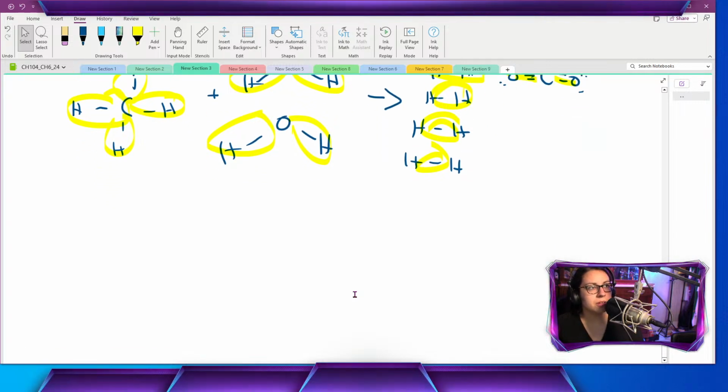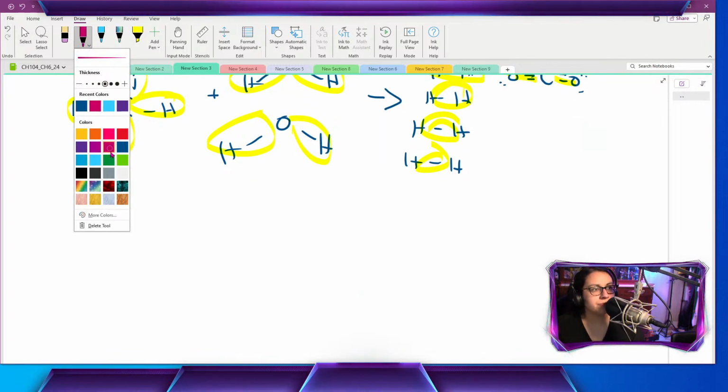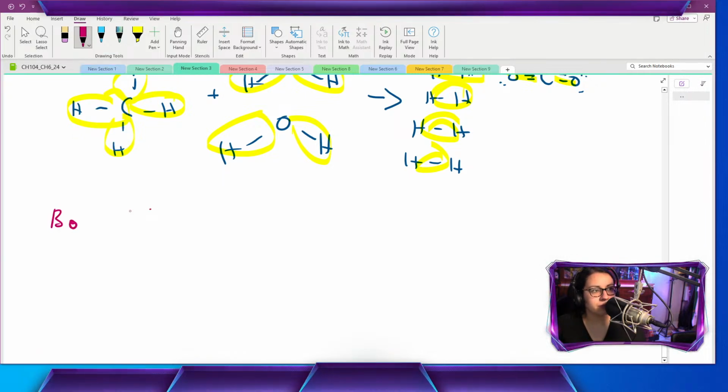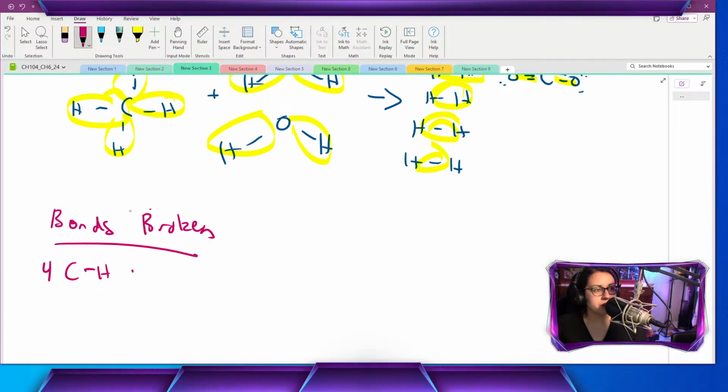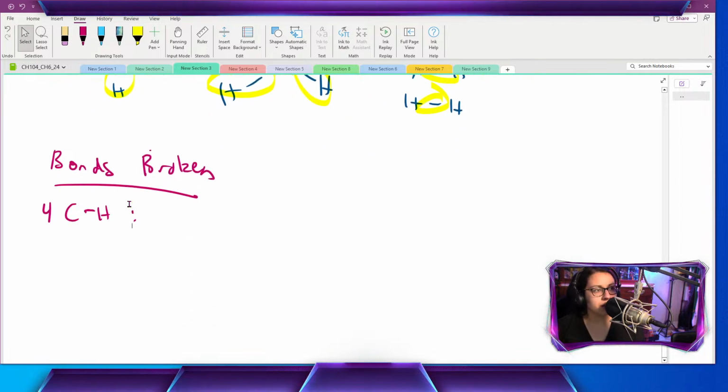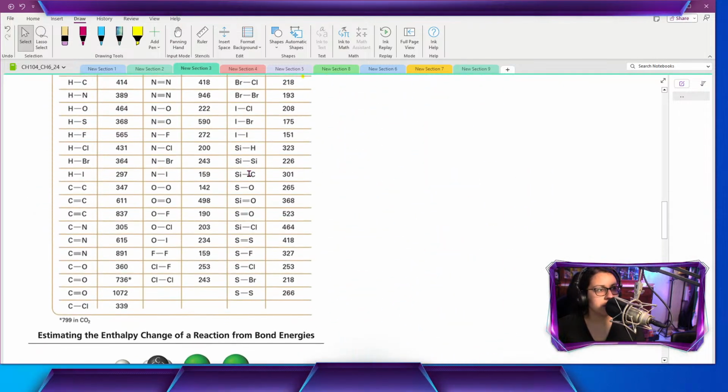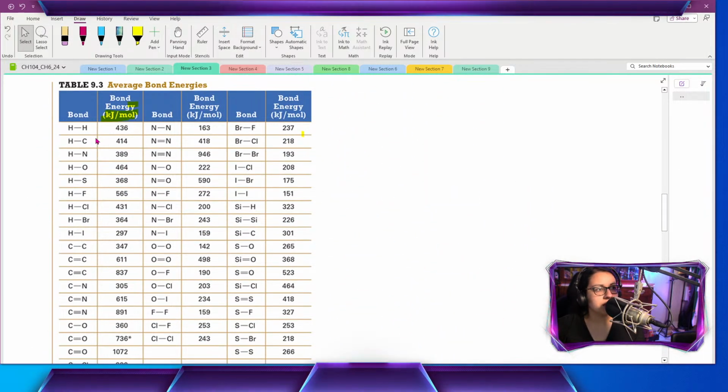And I'll set up my little table again, starting with our bonds broken. For CH bonds. And then we said 4 OH bonds. And let's look up bond strength. I want to say it's 431, but 414. I was off. Okay.